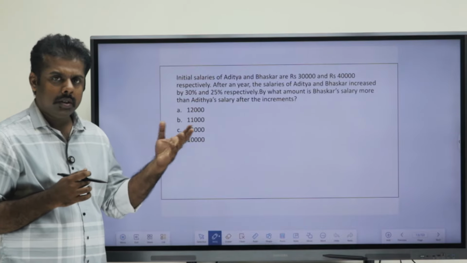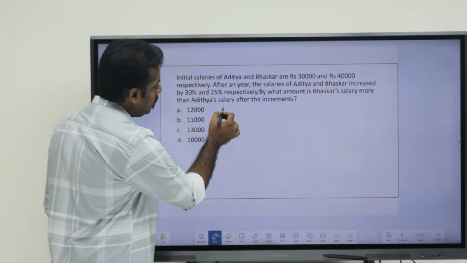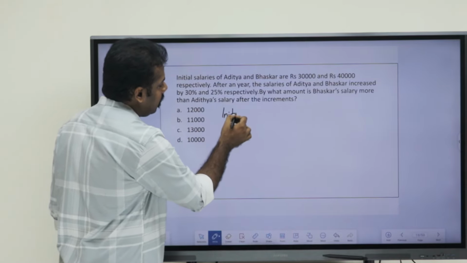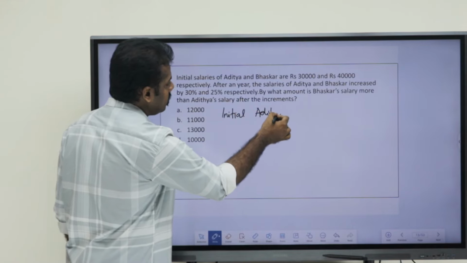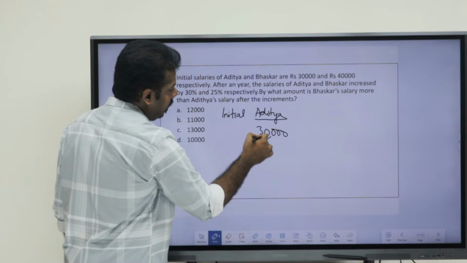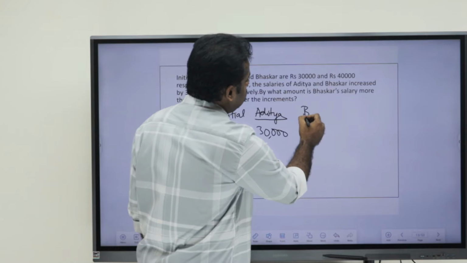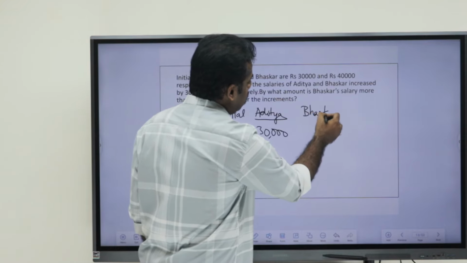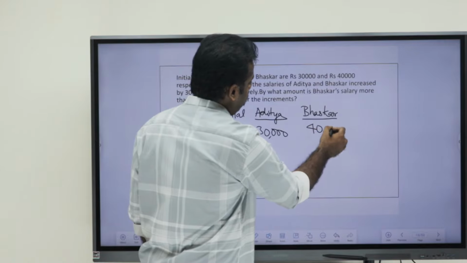So, easy question. They have given their initial salaries directly. As you can see, Aditya's initial salary is 30,000, okay, and Bhaskar's initial salary is what? 40,000. Okay.